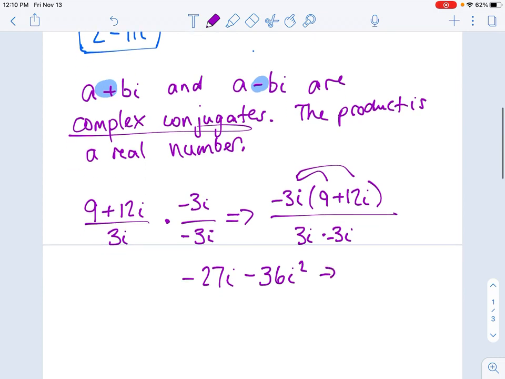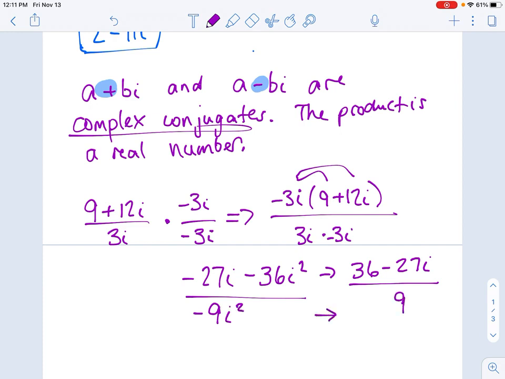We know that 36i squared becomes 36 times -1, or 36 minus 27i. And then we know that 3i times negative 3i is negative 9i squared, which then just becomes positive 9.